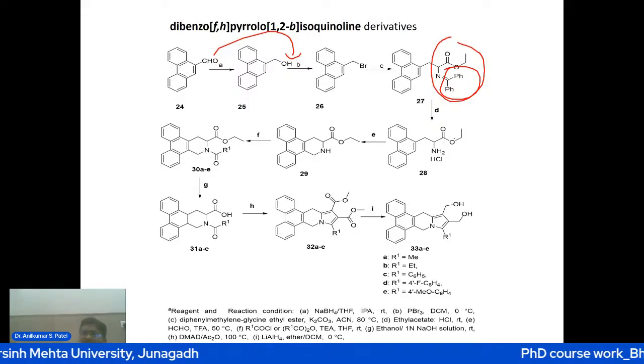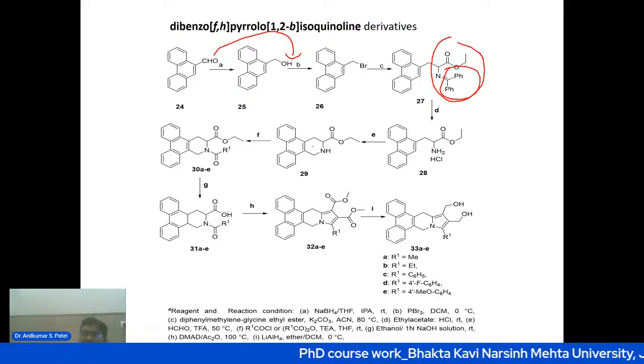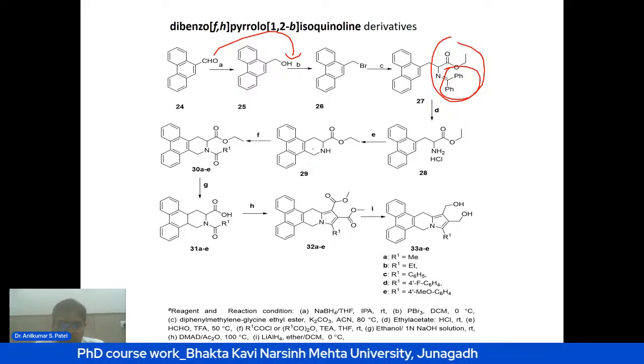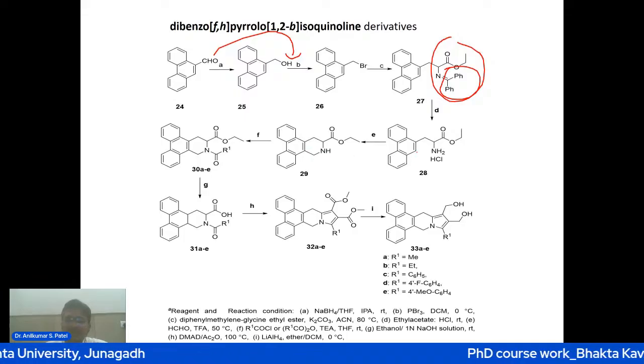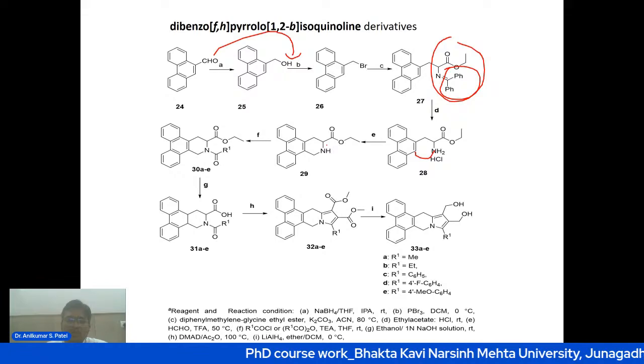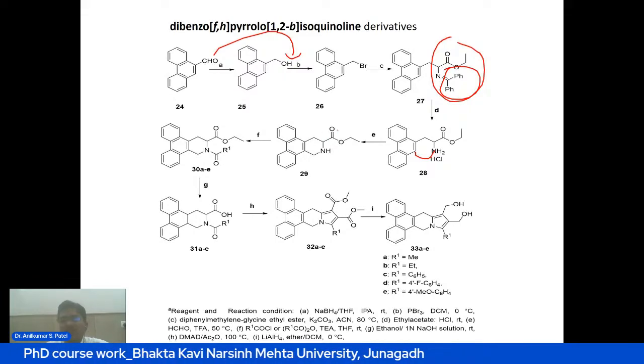This NH2 group now undergoes a cyclization reaction in the presence of formaldehyde, a Bischler-Napieralski or Pictet-Spengler type isoquinoline synthesis reaction. So this NH2 group cyclizes to the isoquinoline derivative, and the dibenzoisoquinoline derivative is produced as compound 29.